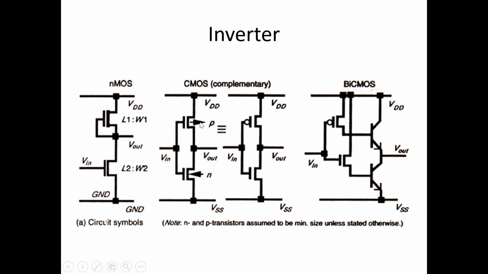And here the aspect ratio, the geometry of the PMOS device has to be more than that of NMOS, because the mobility of the PMOS device is less compared to NMOS. To keep the rise time and fall time delay the same, the PMOS aspect ratio or geometry has to be increased. The width has to be increased to decrease the delay.